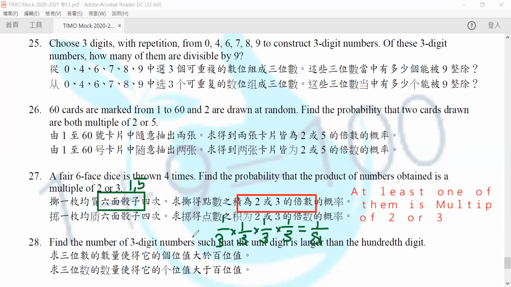So hence our target probability is equal to 1 minus that, which is equal to 80 over 81.